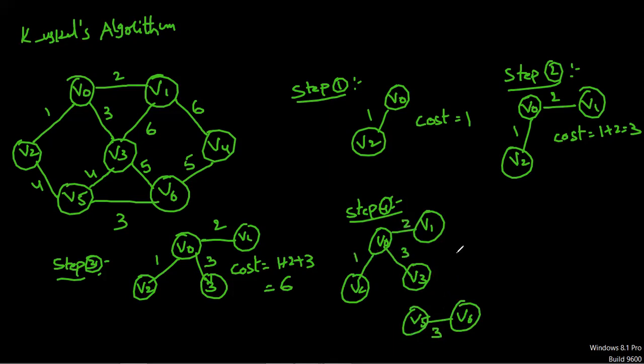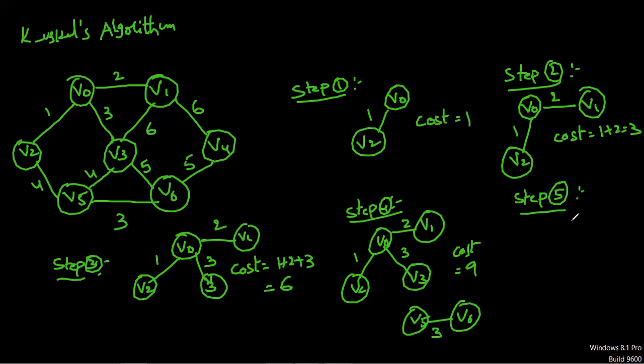And this is a disconnected graph. But coming to Prim's algorithm, we cannot select V5 to V6 because it does not allow a disconnected graph in Prim's algorithm. But in Kruskal's, we can select it depending upon the weight of the edge.